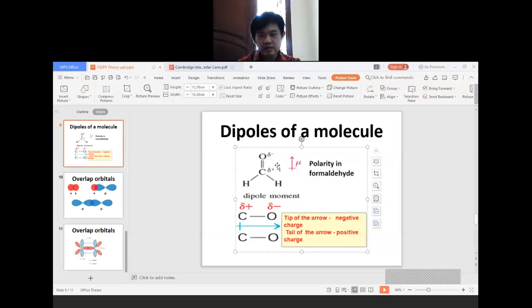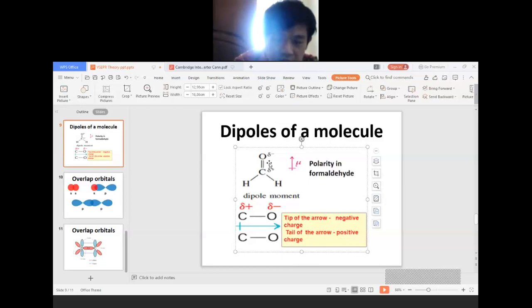Formaldehyde is HCOH, or called methanoic acid. Oh, sorry, it's not methanoic acid. It is aldehyde. It is methanol. Okay, it is methanol.